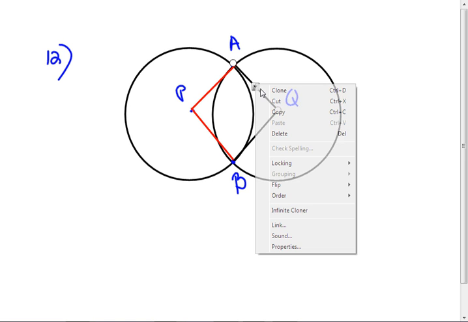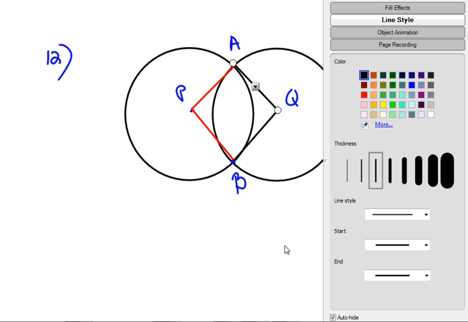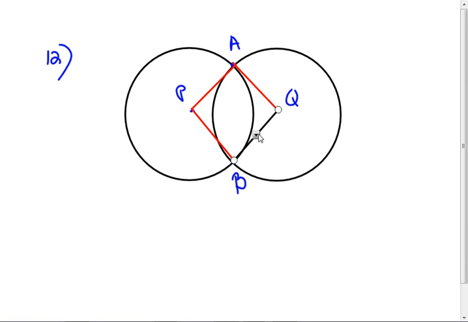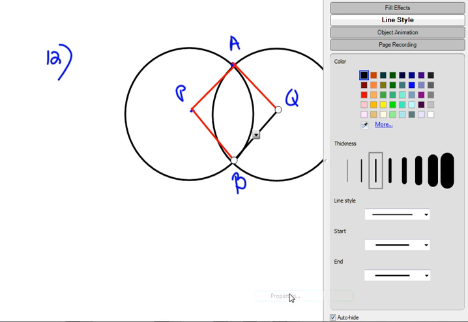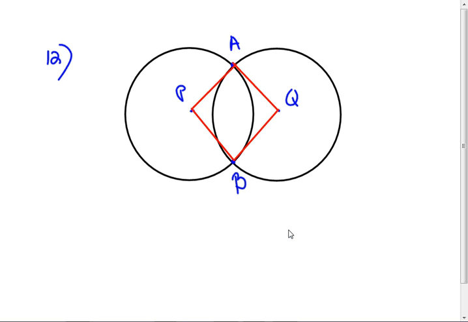The question is, what is this quadrilateral? Yeah, that's a rhombus, isn't it?